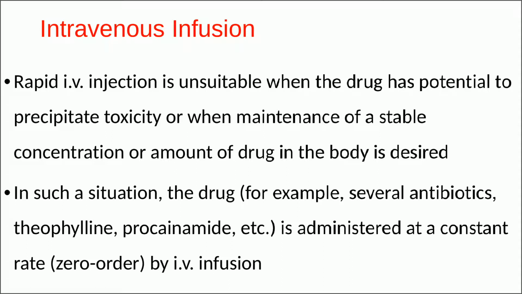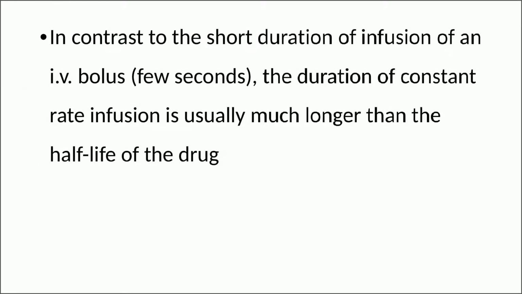In such a situation, the drug, for example, several antibiotics, theophylline, procainamide, etc., is administered at a constant rate, that is zero order, by IV infusion. In contrast to the short duration of an IV bolus, that is a few seconds, the duration of constant rate infusion is usually much longer than the half-life of the drug.